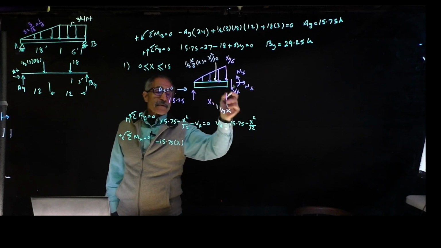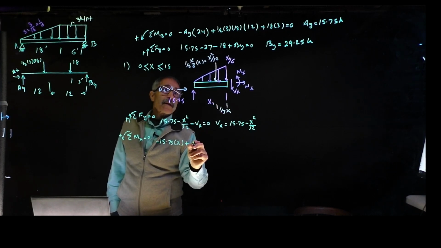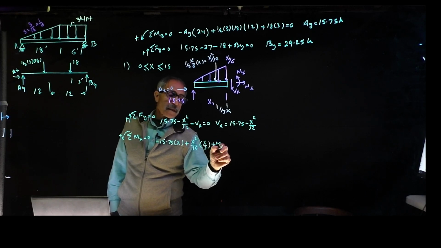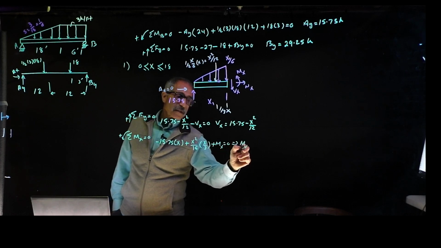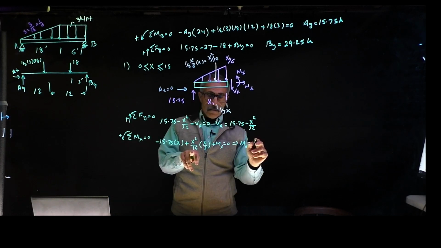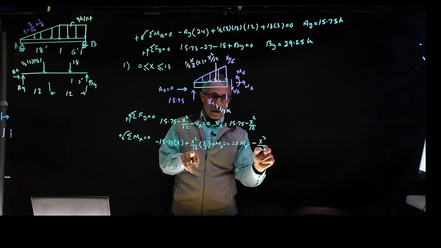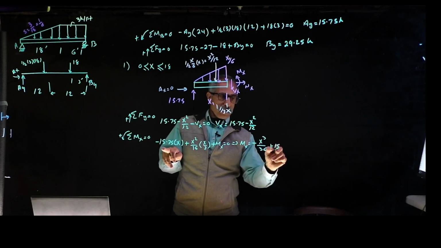This one, a positive rotation, is going to be plus x squared divided by 16 times x divided by 3. And then I have plus Mx equals 0, so therefore Mx is equal to minus x cubed divided by 36 plus 15.75 times x.